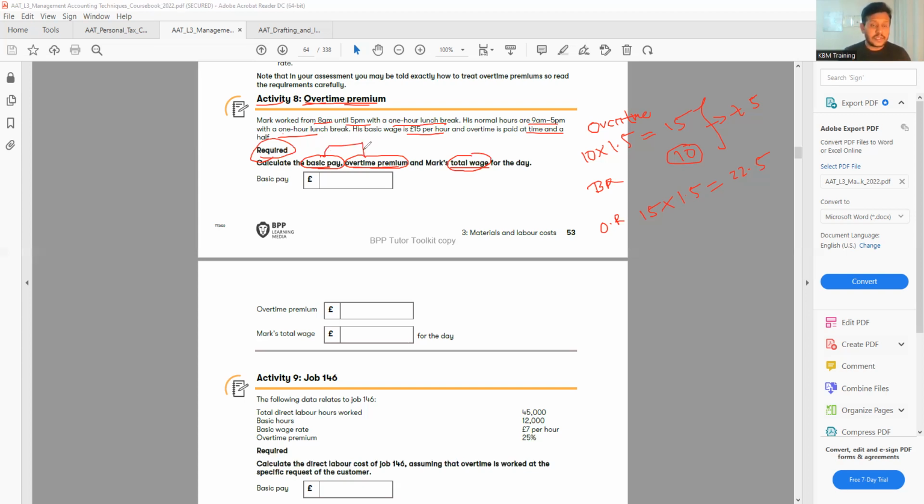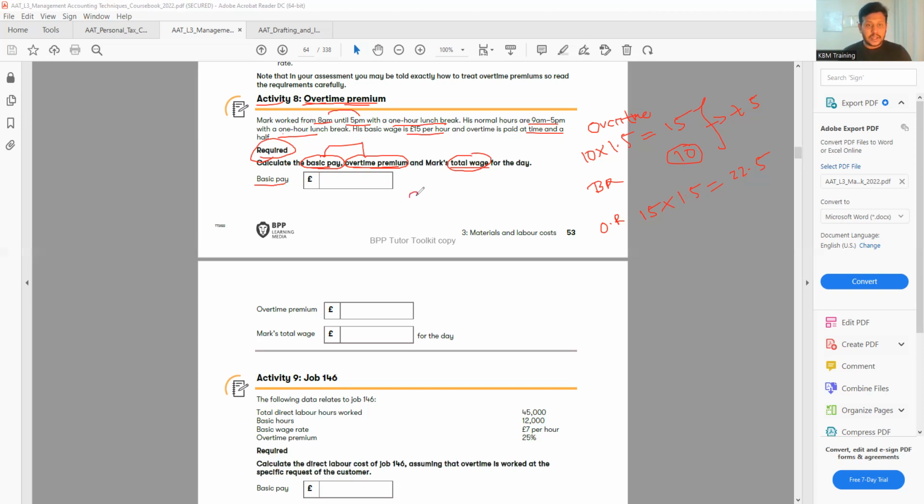Now let's have a look at the basic pay. How much will the basic pay be? He worked 8 to 5 with a 1 hour lunch break. So how many hours did he work that day? Anyone tell me how many hours he worked that day? 8 hours. So 8 hours he worked that day, not 7, it is 8 hours. 8 to 5 with a 1 hour lunch break is 8 hours.